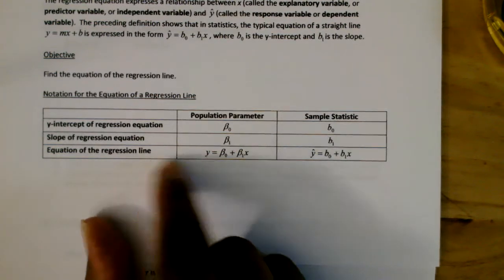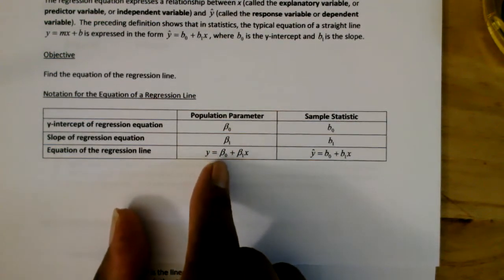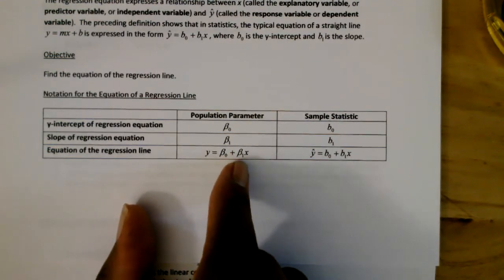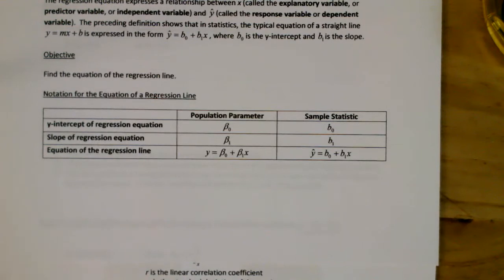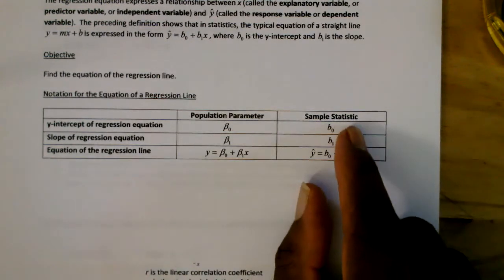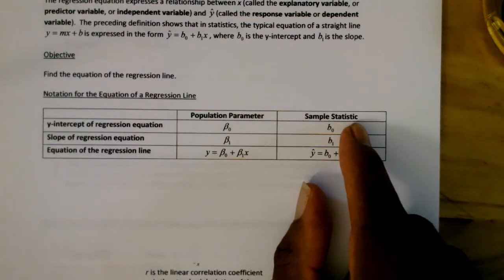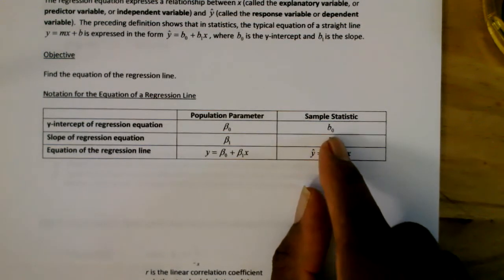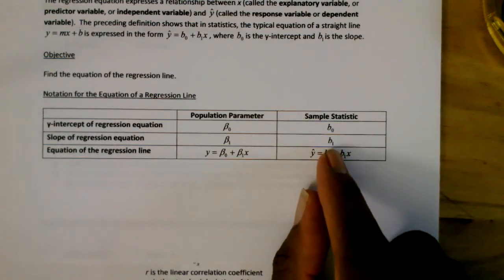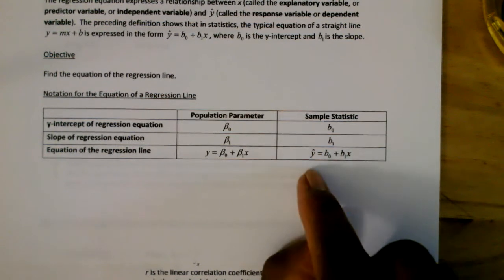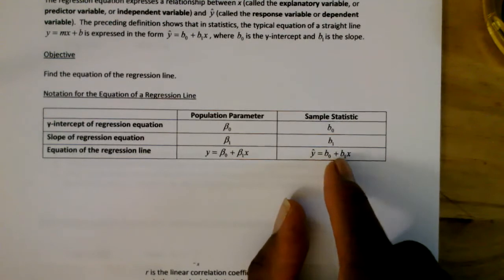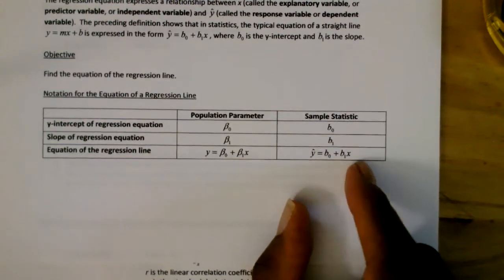And this equation of the regression line is y equal to beta sub 0, that's the y-intercept, plus beta sub 1 times x, where beta sub 1 is your slope. Now for the sample statistic, b sub 0 is your y-intercept, b sub 1 is the slope. And this is the equation, y hat equal to b sub 0 plus b sub 1 times x.